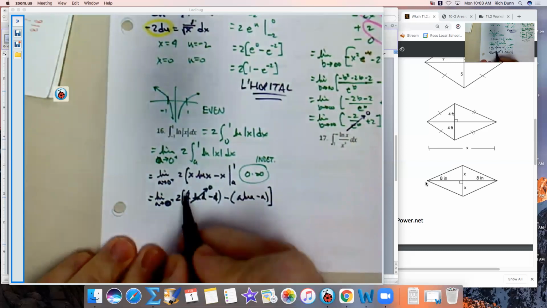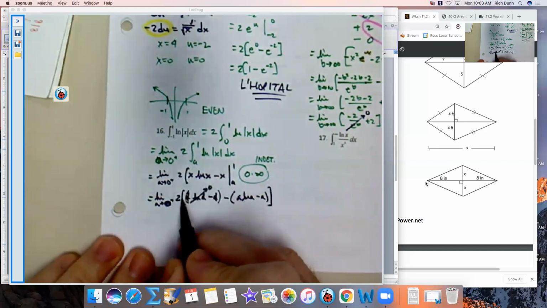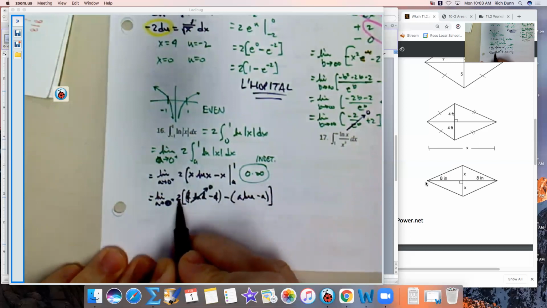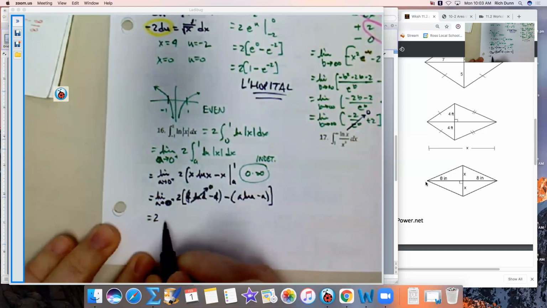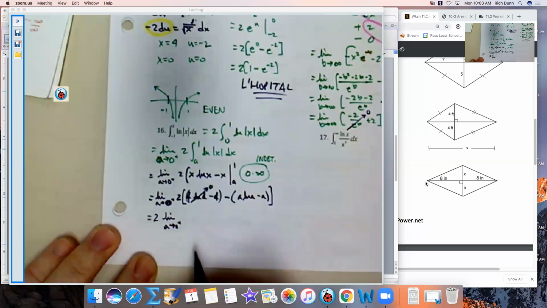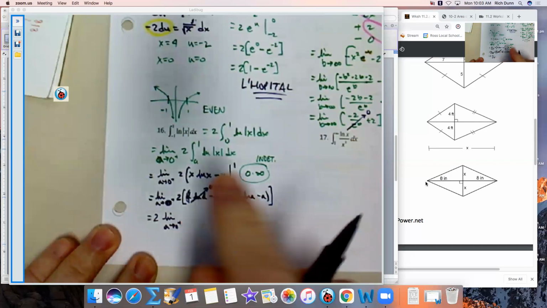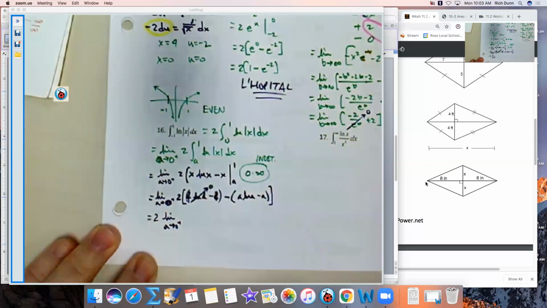So first of all, I've got 2 times all of this in here. Just for the sake of cleaning things up, I'm going to factor this 2 out in front. So this is the limit as a goes to 0 from the right. In here, this one was supposed to be a minus 1.